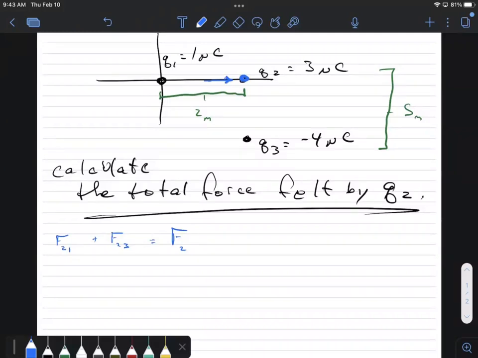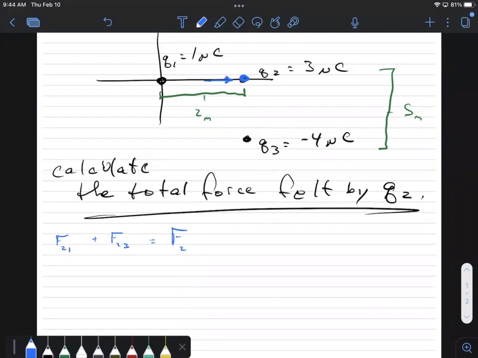And then, now that I know that, fine, I'll leave that alone. And now I look at what will be the force that Q3 will apply to Q2. And now I just ignore the fact that Q1 is there. I'm only looking at 2 and 3. And so 2 is a positive charge, 3 is a negative charge. Now, of course, I have 2 charges which are unlike, opposite charges.